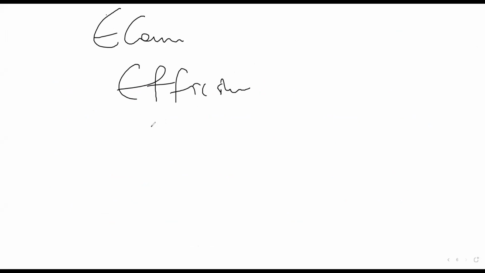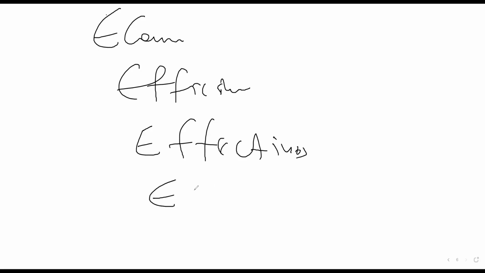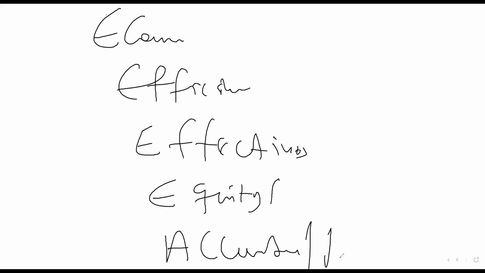Number 3 is effectiveness. What about number 4? Equity, or fairness. Now, they can ask you to make it 5. Accountability and transparency are also part of it, but they don't start with E.